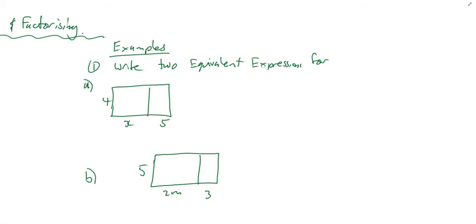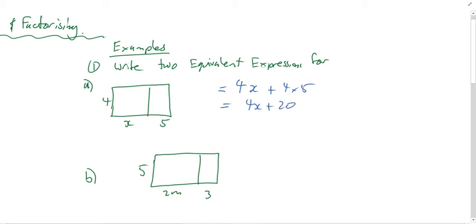And so this one is asking you to find two expressions for the area. As we did before, when I'm timesing that one, it is going to be equal to 4 times x plus 4 times 5. That's 4x plus 20.